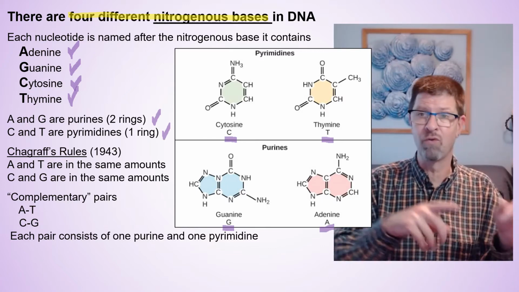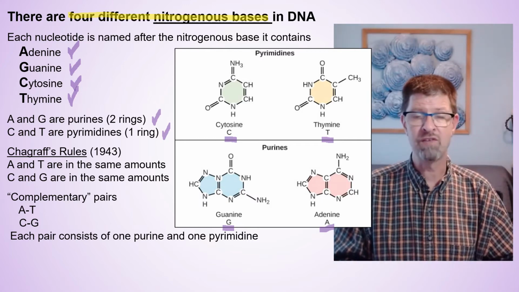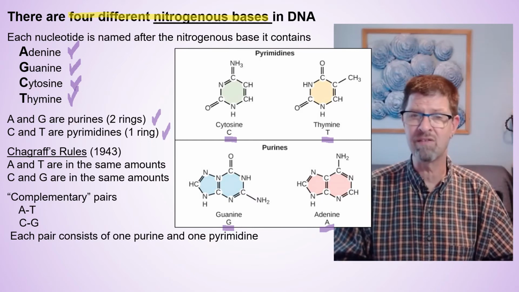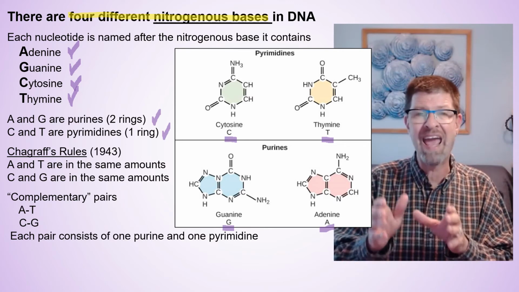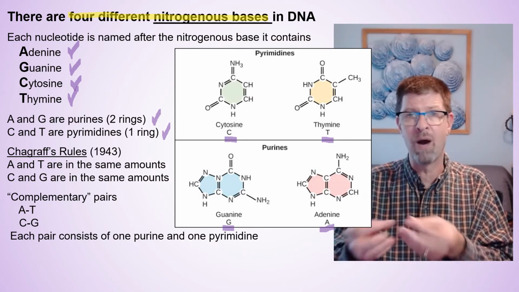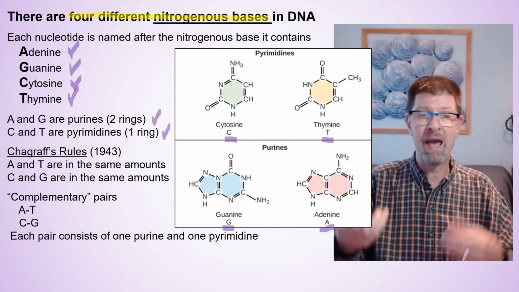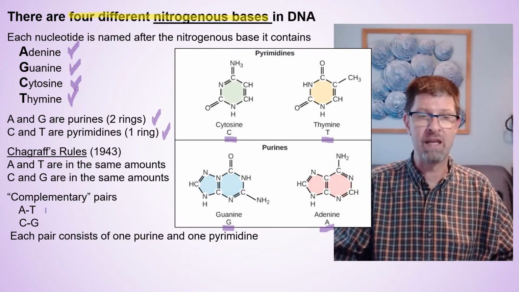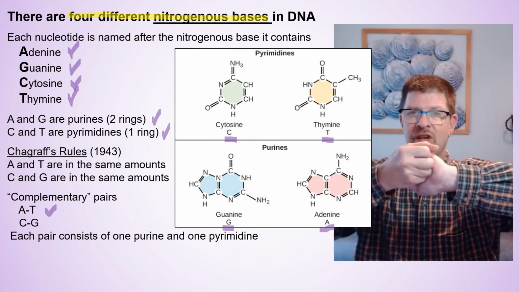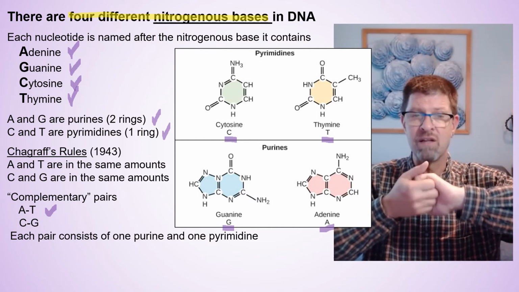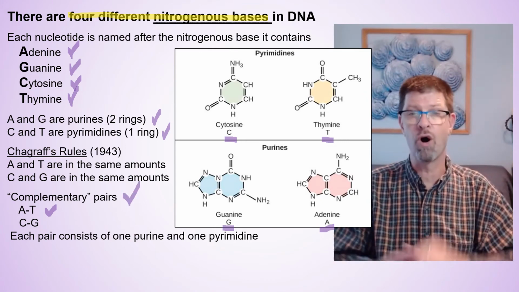Chargaff, who did a bunch of work before Rosalind Franklin and Watson and Crick, discovered that when he broke down this material, he found that there was always the same amount of A and T in the DNA, and there was always the same amount of G and C. As a result, he postulated that A and T must somehow be tied to each other and associated with each other, and so must G and C. So we call these pairs complementary because they're always found together.